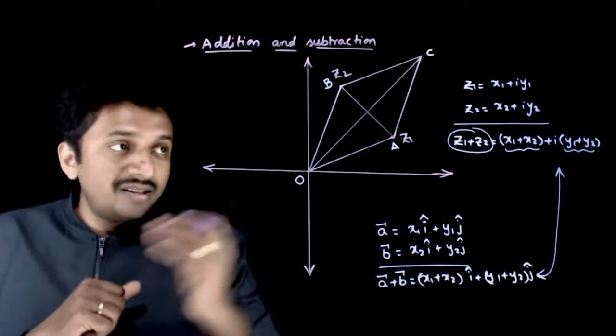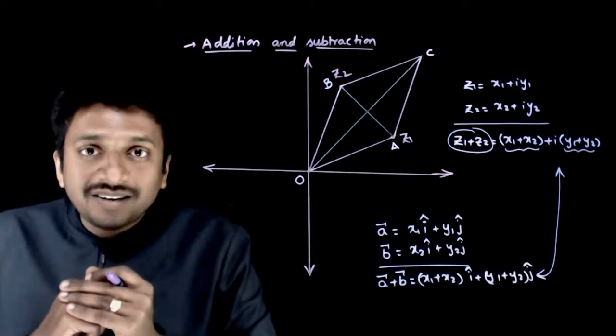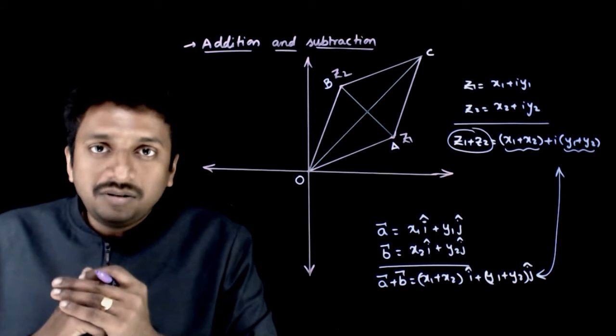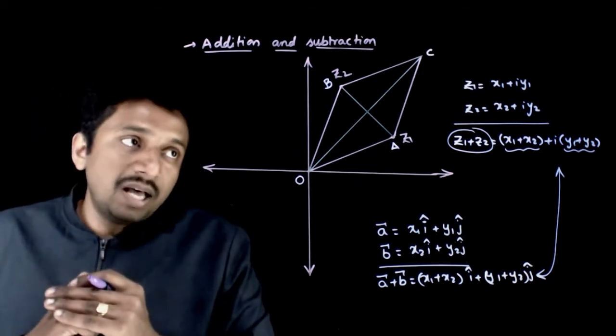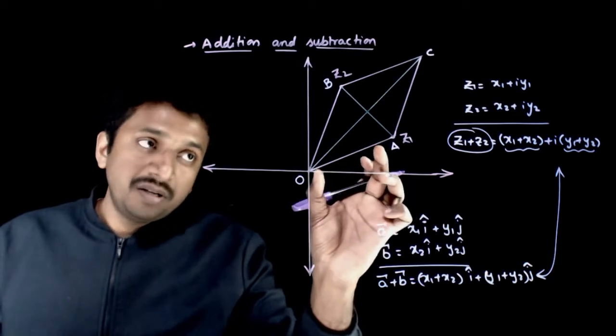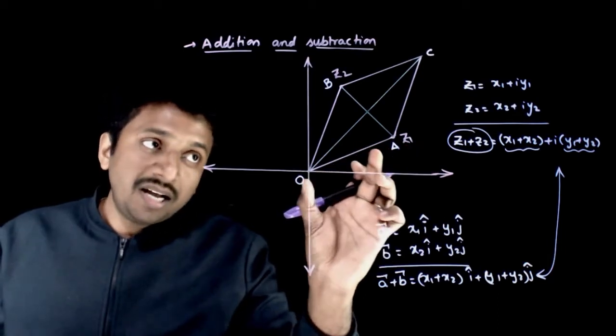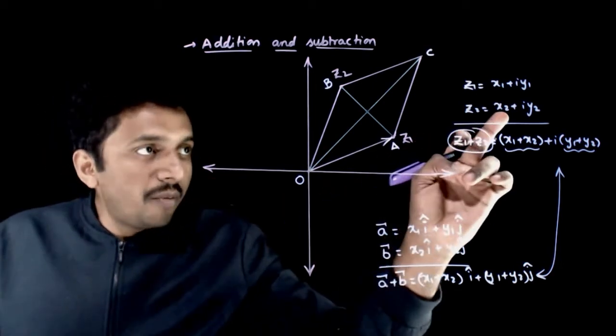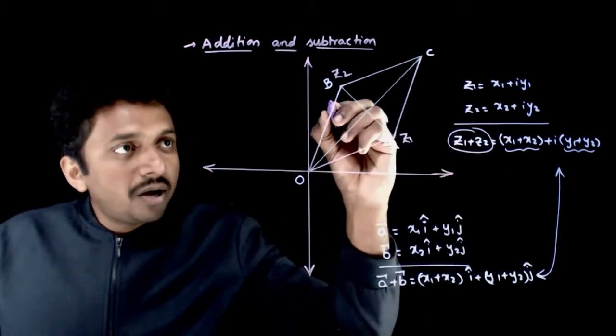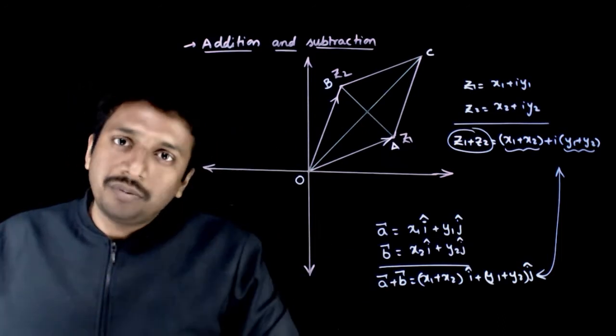And once the complex numbers can be thought of as vectors, the laws of vector addition can be used for complex numbers also. So now if you have a complex number z1, it can be thought of as a vector OZ1. And if you have a complex number z2, this can be thought of as a vector z2.